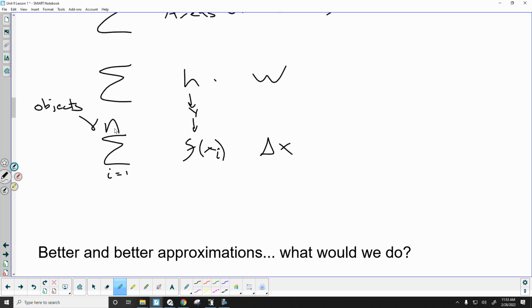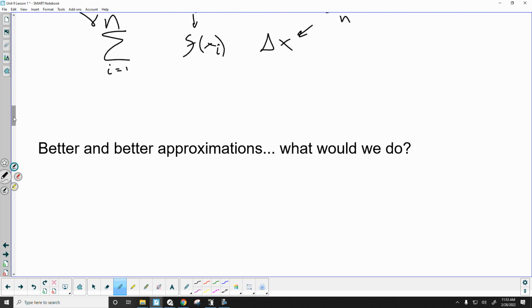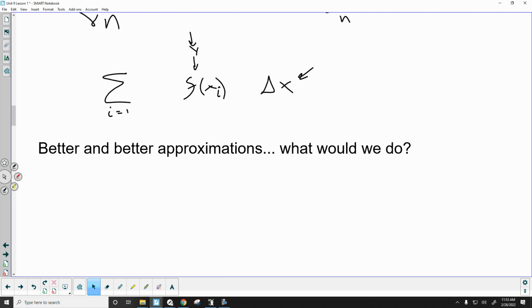And how do we find delta x? Well, if they were equal widths, it was (b minus a) over n. All right. Better and better approximations, more and more rectangles, right? How many rectangles do we want? As many as we can, or an infinite amount of rectangles.